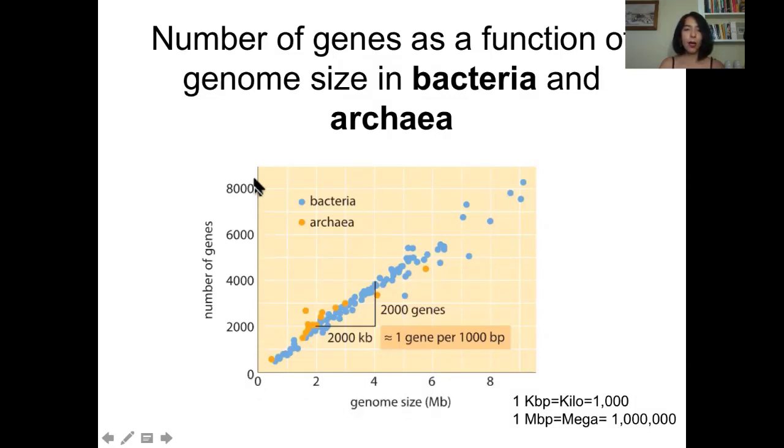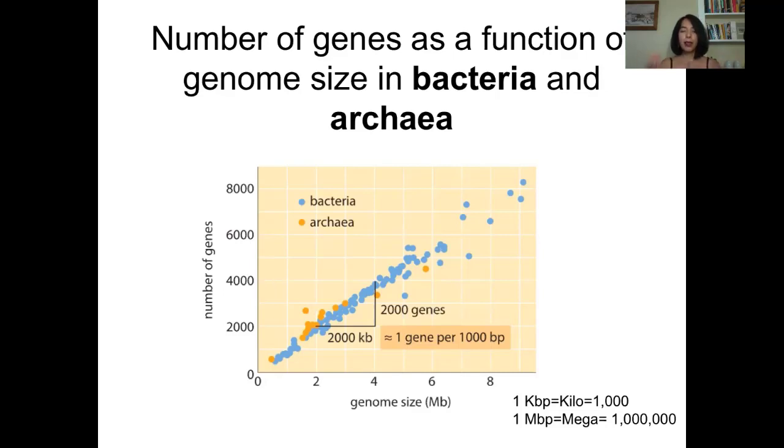And in the y-axis, we have the number of genes. So let's take a look at this one. In 4 megabase pairs, right, in 4 million base pairs, we will have 4,000 genes.